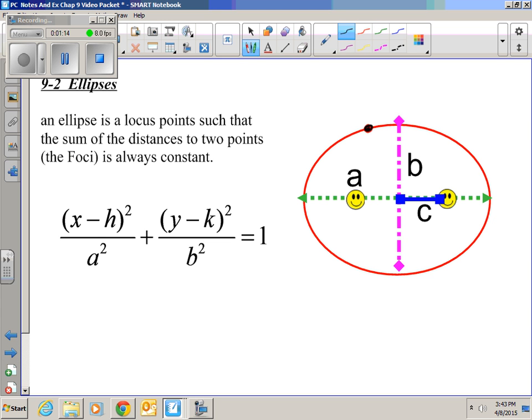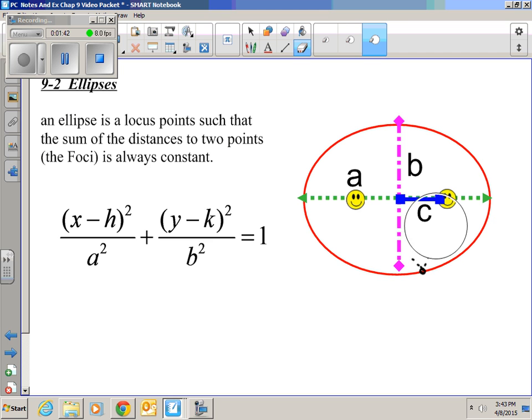On my ellipse right here, this distance to the left focus, plus this distance to the right focus, that is some constant. That constant would be the same as this distance plus this distance. This distance plus this distance, all of these distances add up to the same thing.